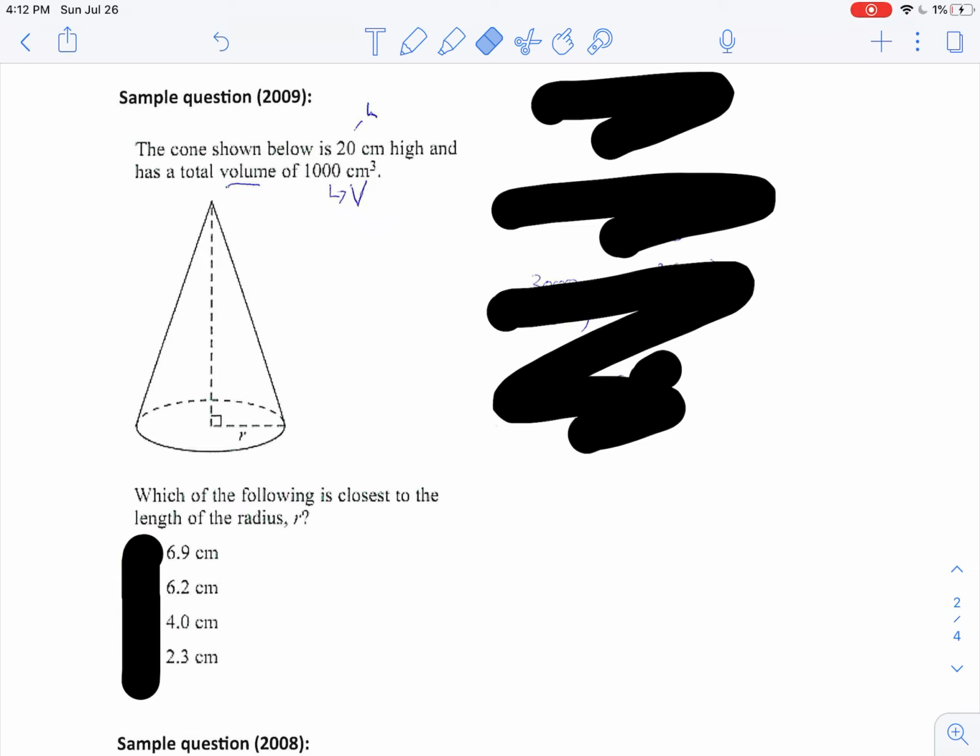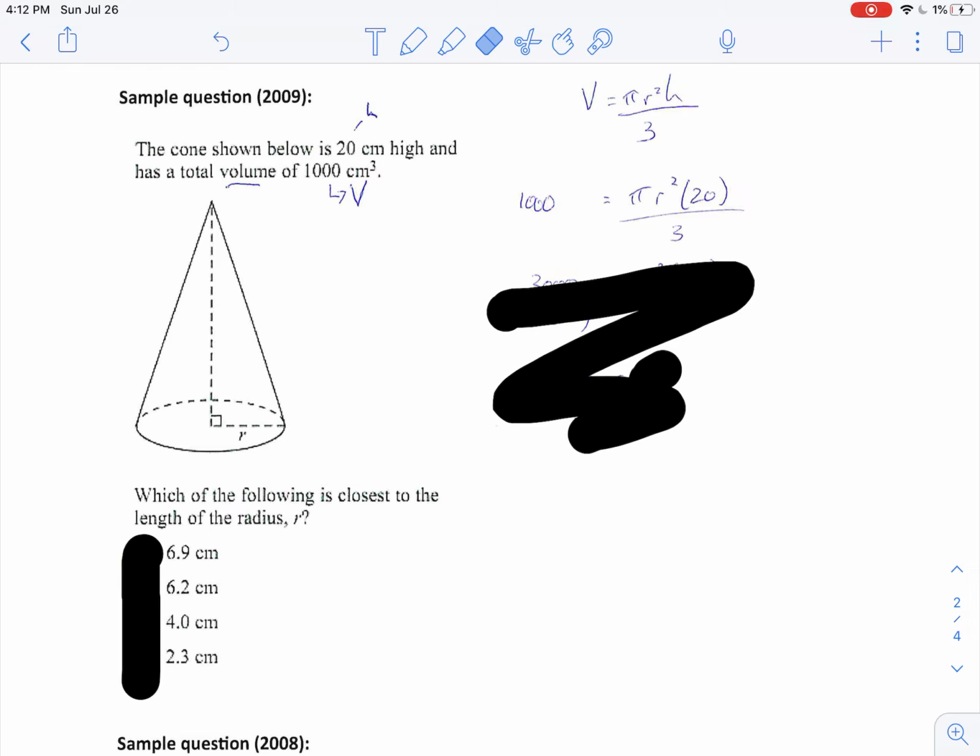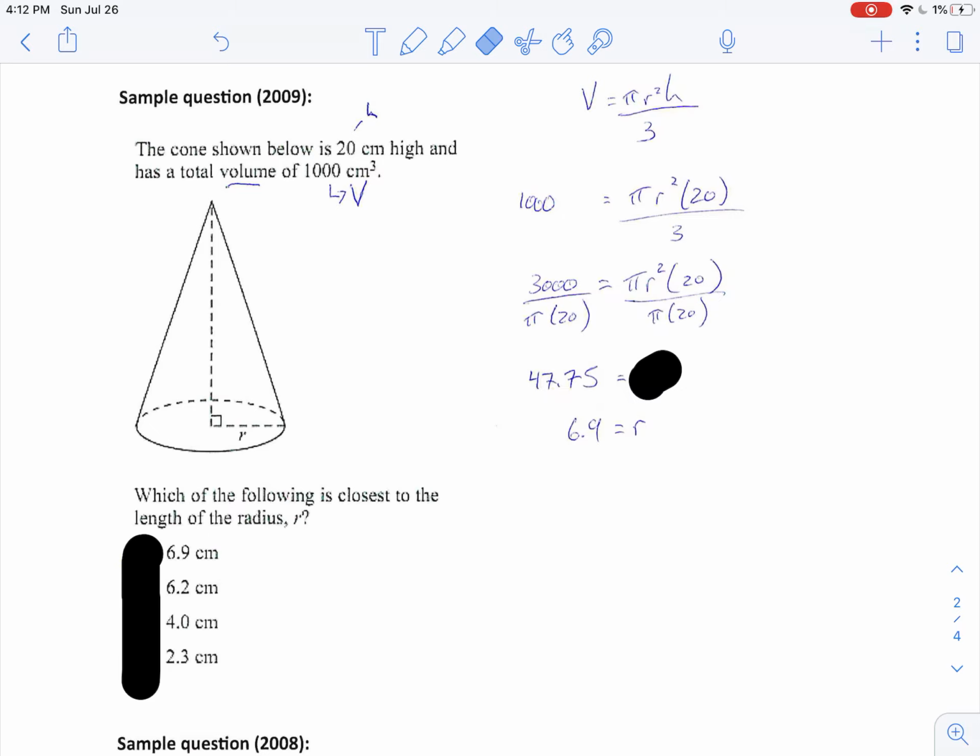If I know my volume formula for a cone, volume equals pi r squared h divided by 3, and I have my values, 1,000 is equal to pi r squared times 20 divided by 3, I go ahead and solve for r. Because this is still multiplication, pi times r squared times 20 is the same as pi times 20 times r squared.